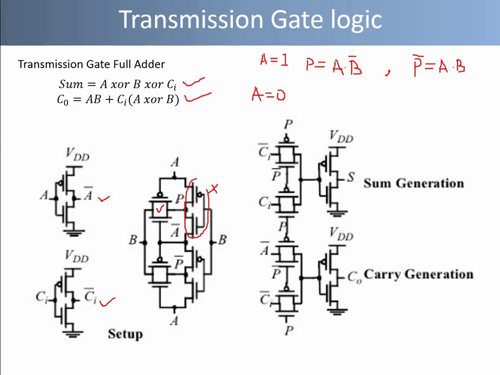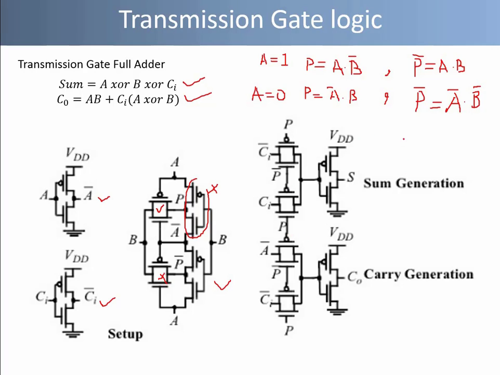So P attains the value B. We can write P equal to A complement and B. Similarly, this transistor pair turns on and this transmission gate is turned off, and P complement achieves the value A complement and B complement.